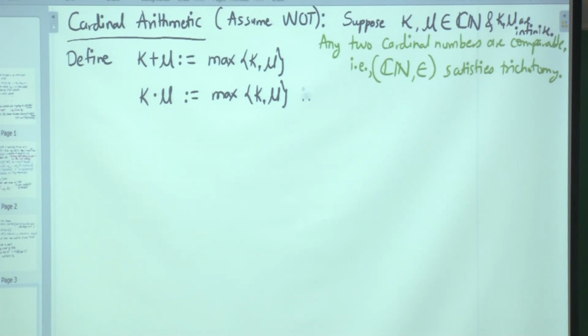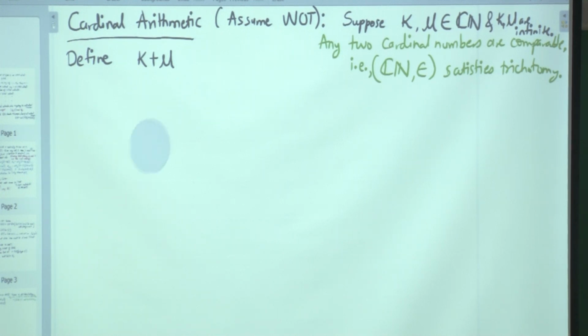For infinite numbers, it is the maximum. And finally, kappa to the mu. Well, maybe I should do something slightly different. Let me get rid of this for a moment and describe it in a different way, as follows.